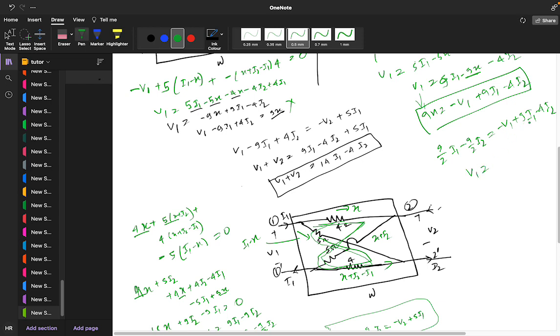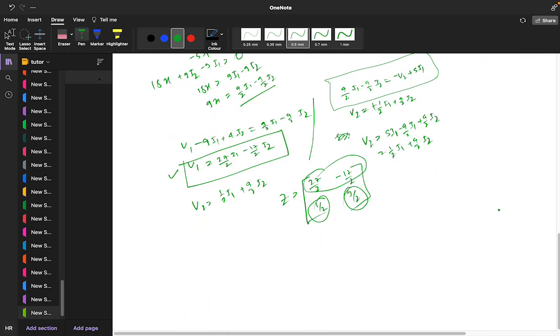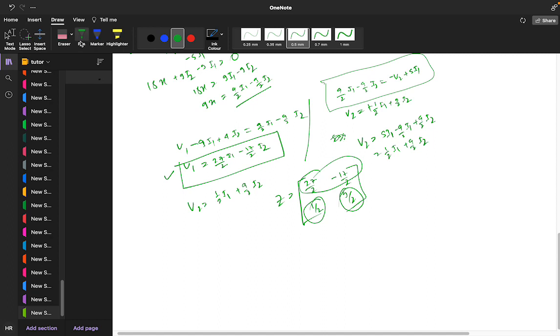V1 will be 9 I1 minus 9 by 2, it will be 9 by 2 I1, and this 9 by 2 minus 4 will give you 1 by 2 I2. So this is the correct equation. So 9 by 2 I1 plus 1 by 2 I2 you will get. Okay, so this part was wrong. So you are getting 9 by 2 and 1 by 2.